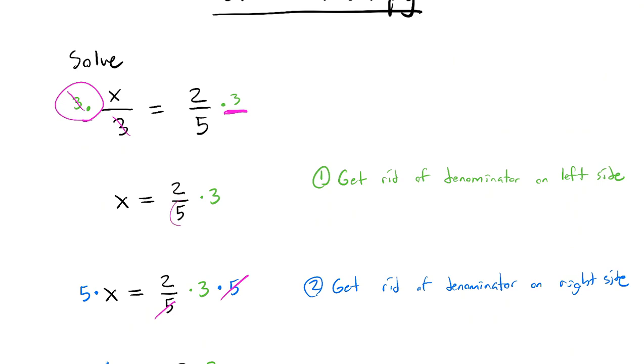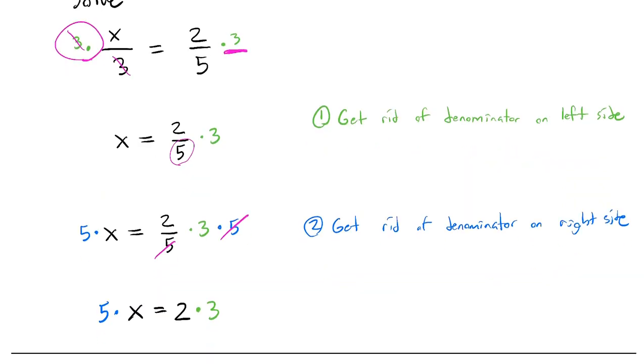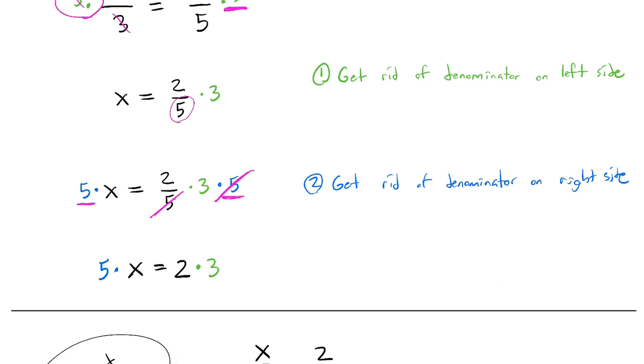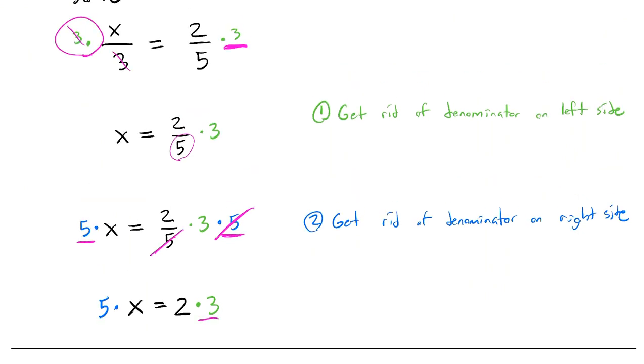And then they go, oh, well, I still want to get rid of this 5 on the bottom on the right side. So they multiply by that on both sides. And on the right, it cancels out, just like we wanted. Surgical precision, got it. And then on the left, we're just left over with it. So in the end, the thing that was on the bottom on the left-hand side is now multiplied on the right.